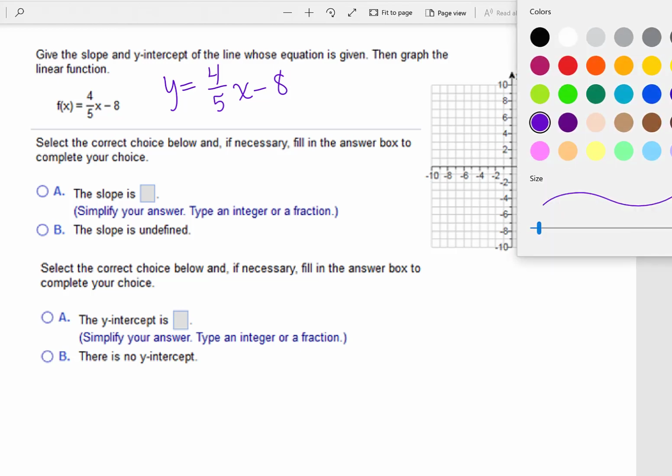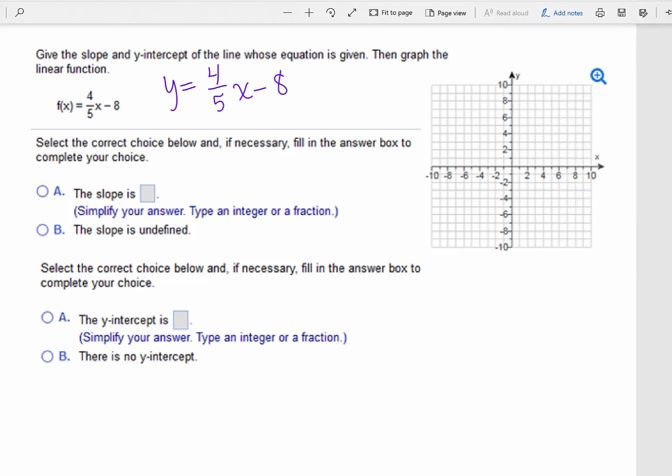Okay, so if I was comparing this to y equals mx plus b, remember that m is my slope and b is my y-intercept. So 4/5 is my slope. Make sure you don't include the x.